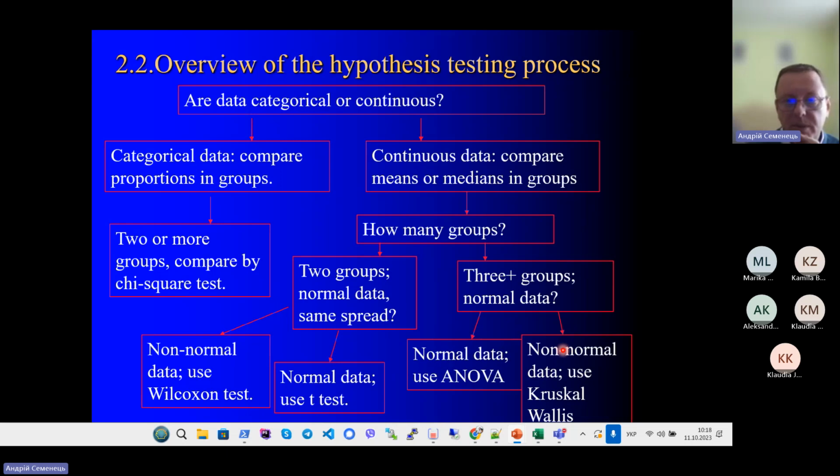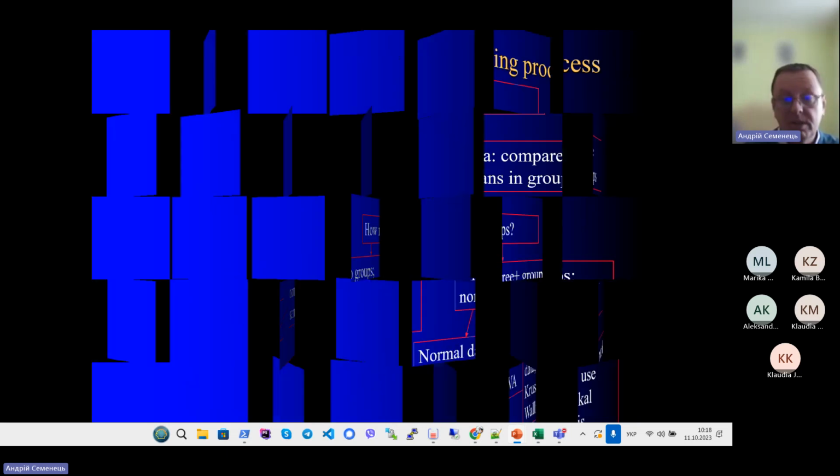We compare mean or median in groups, depending on whether there are 2 or 3 or more groups. For 2 groups, depending on the distribution type, we use test statistics like the t-test or Wilcoxon test. For 3 or more groups, we have to use things like analysis of variance or ANOVA, or the Kruskal-Wallis test, or something similar if it's not a normal distribution.